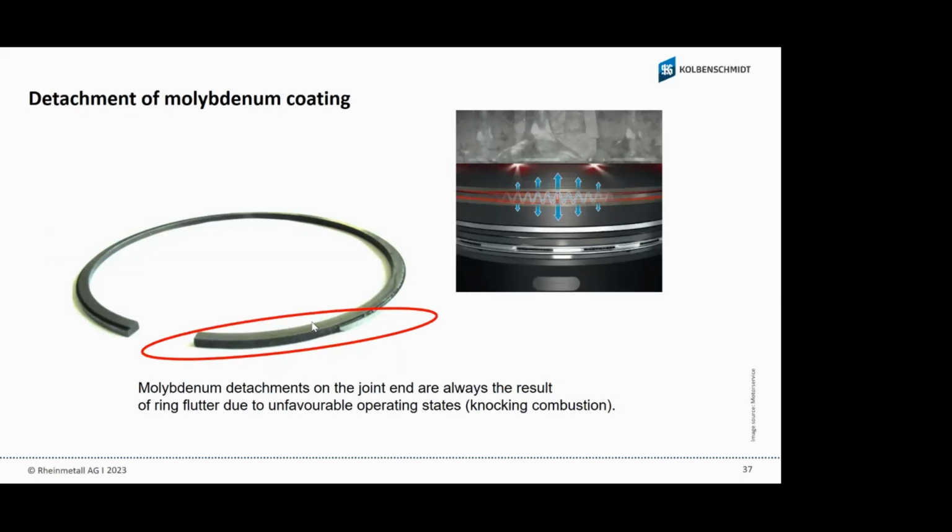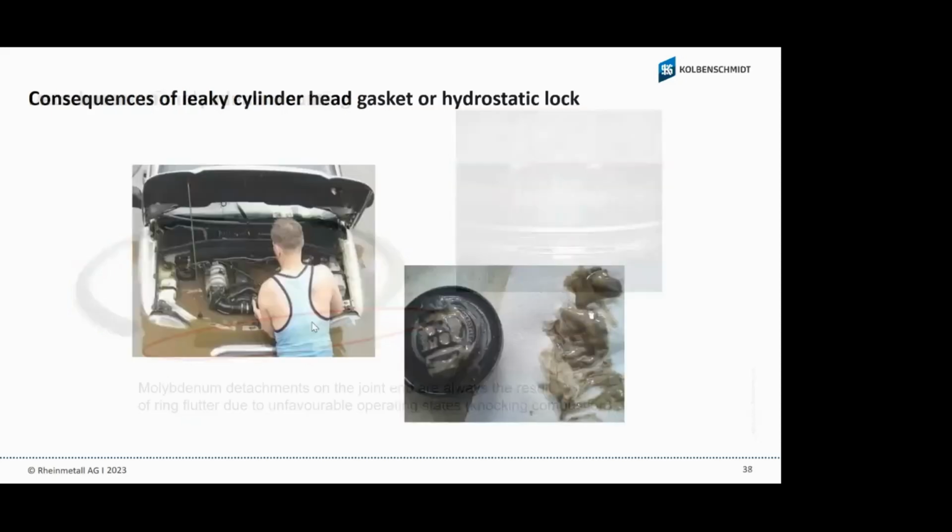The next situation can also bring a lot of high oil consumption. You see, the engine was maybe running before, and then they stopped because there was water inside on the combustion side. You see it also on the right side, the oil with water, it's contaminated.